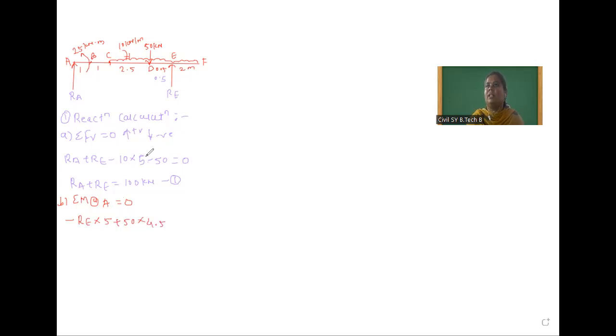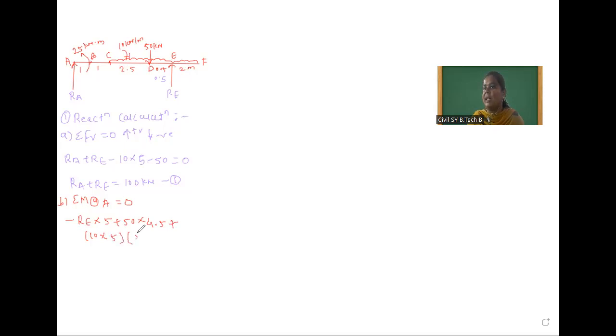4.5. After that, this 10 kilonewton per meter creates clockwise. So plus 10 into the span for this, which is 2.5 plus 0.5 plus 2 meter, that is 5 meter.